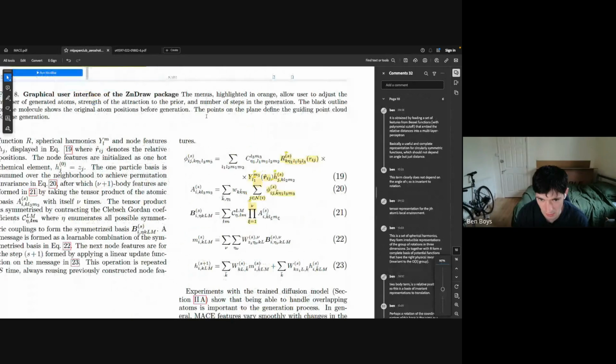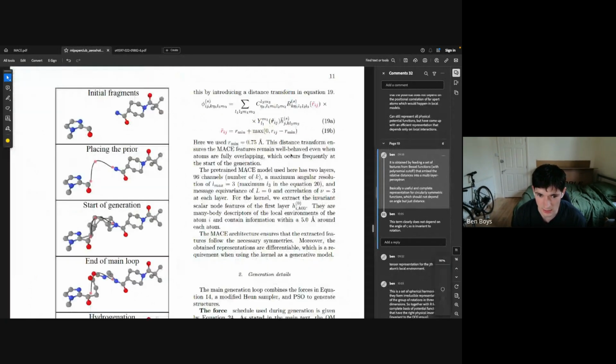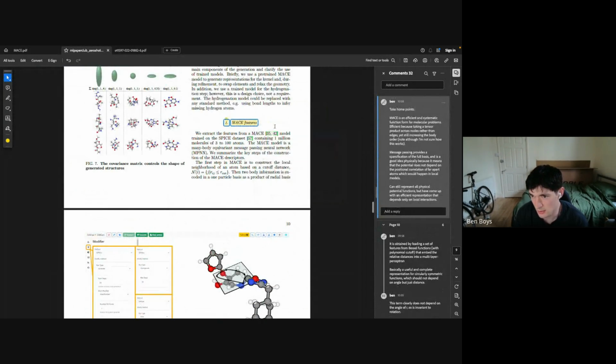So as a final point, I just want to cover the message passing algorithm. The takeaway points of this parameterization is that it's an efficient and systematic functional form for molecular problems, and it's efficient because it's taking a tensor product across atoms rather than edges, yet it's still increasing the body order, the number of interactions between atoms.